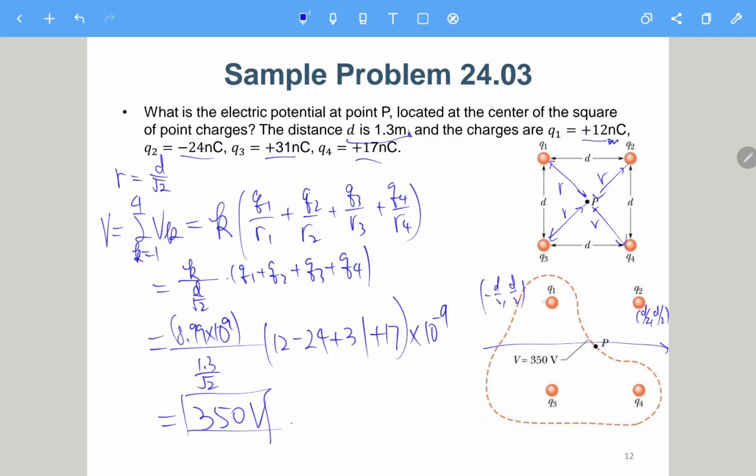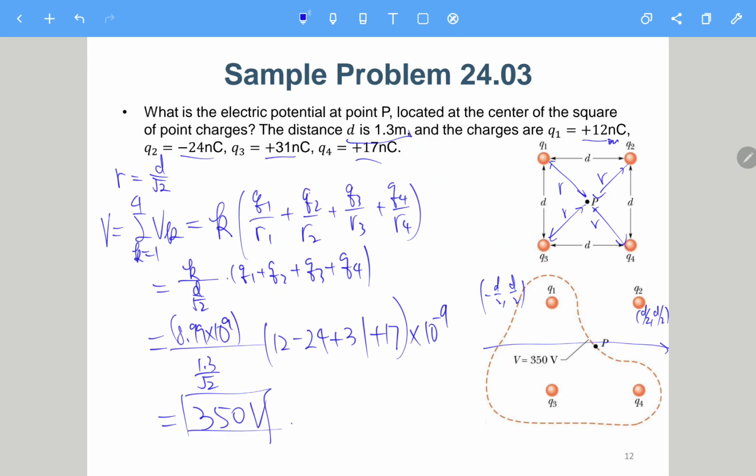You define this as q1, q2, q3, and q4, and then you calculate the potential over the whole space, and then connect the points with similar potential.